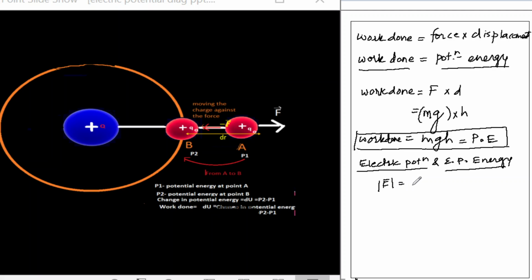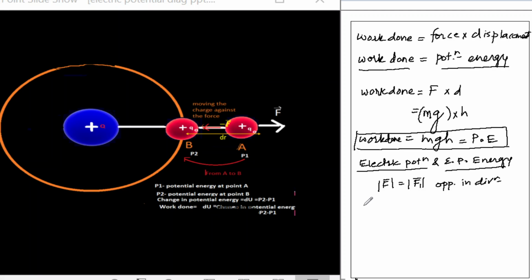Call it F dash; it will be the same in magnitude but opposite in direction. Suppose this is F, and this is F1, the force we are applying, which is equal in magnitude to F but opposite in direction. So how much distance is it covering? Some distance dr, from A to B.